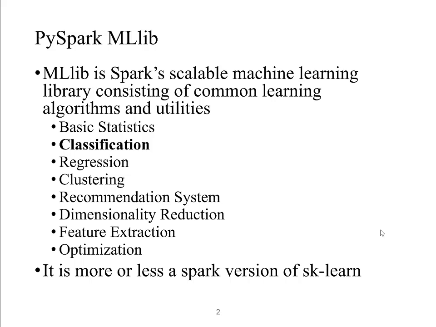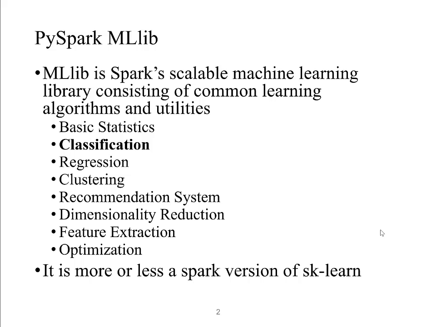Basic statistics includes the most basic machine learning techniques, like summary statistics, for example the mean, variance, max, min, and number of non-zeros. Correlations show the correlation between different data sets. Sampling includes sample by key, sample by key exact, and other sampling methods.